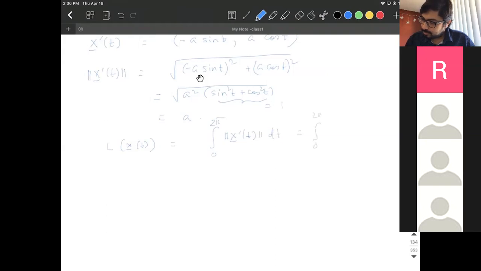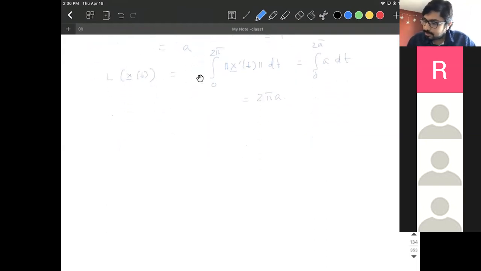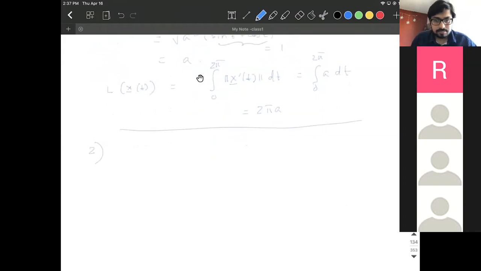By definition, 0 to 2 pi a dt, and 2 pi a, as one should expect. So this is the circumference of the circle. So it indeed computes the length. Well, at least in this example, but just figuring out the definition, you can see that it computes the length.